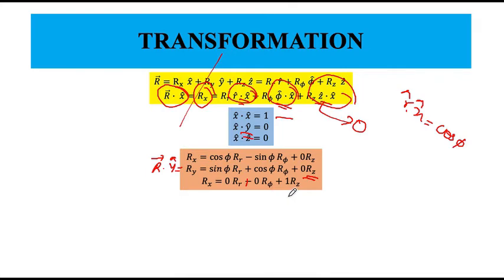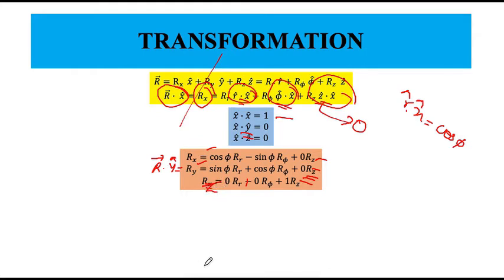Now this might look like a set of linear equations, and these are all three linear equations. So we can obtain rx, ry, rz.